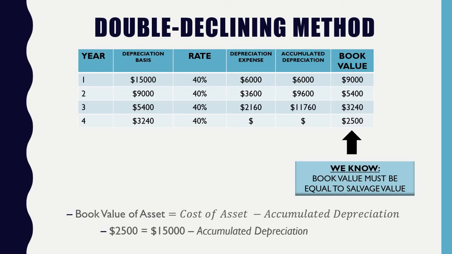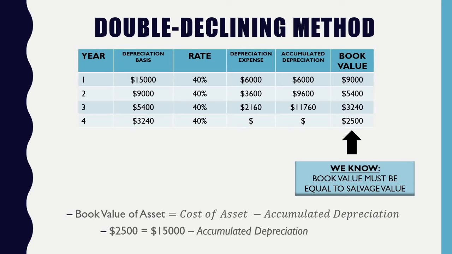So here is the example. I know for a fact that the formula to solve for book value is your asset cost minus your accumulated depreciation. So we're doing basic math here. I know my value for book value: it's going to be 2,500.